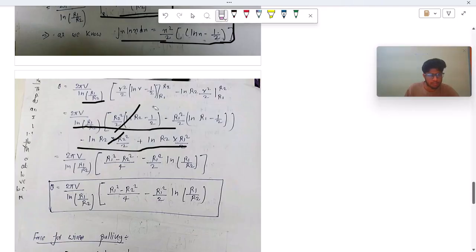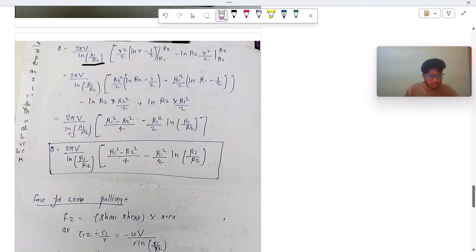After cancelling all the terms, we get the equation Q equal to 2 pi b upon ln r1 by r2 into the whole bracket, r1 square minus r2 square upon 4 minus r1 square by 2 into ln r1 by r2. This is our volumetric flow rate for this question.